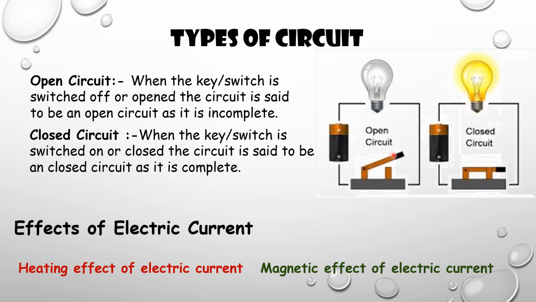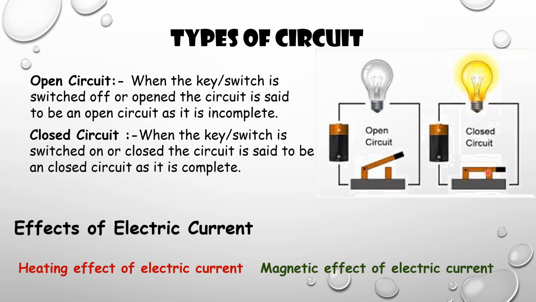So here you can tell that this is switch off. Switch off means there is a gap here. Okay, so we can call it open. So that time current cannot flow through the circuit and this bulb does not glow. And next one, closed circuit. When the key or switch is switched on or closed, the circuit is said to be a closed circuit as it is complete.